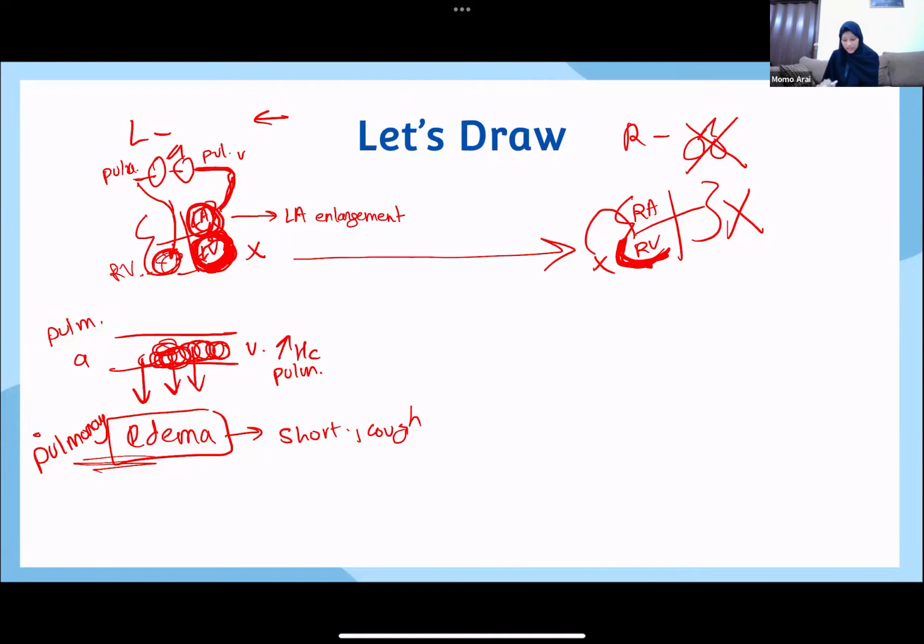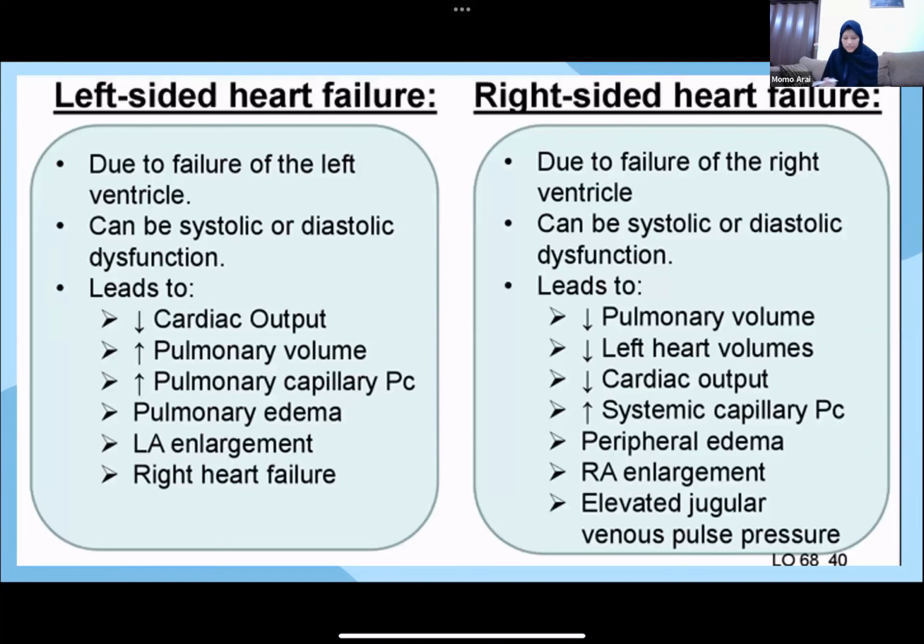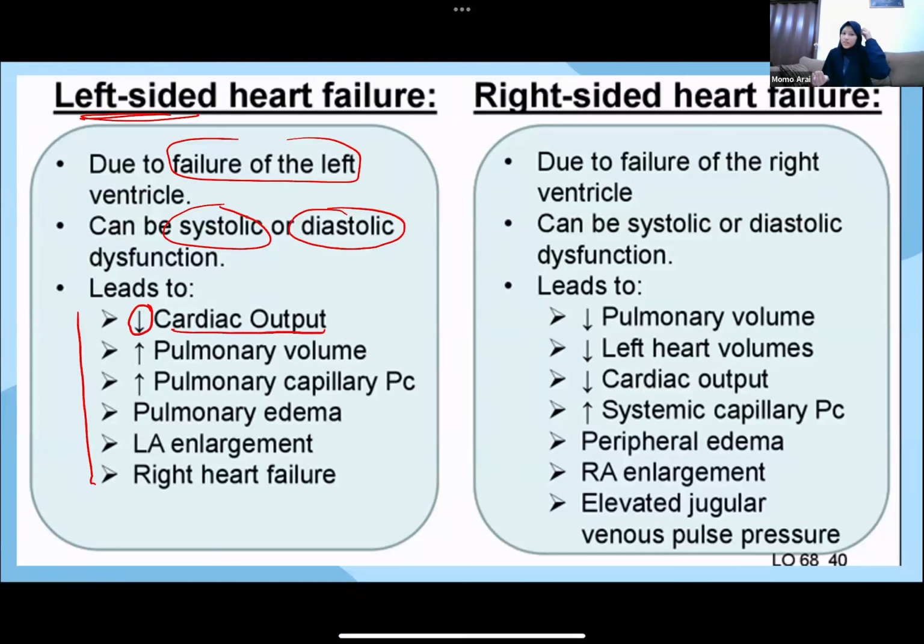Let's go back to the symptoms again and see if you can follow here. Left-sided heart failure, due to failure of the left ventricle, can be systolic or diastolic. We'll come to this later, it's another classification. Okay, these are the symptoms that are important. With left-sided heart failure, the heart is not pumping very well, so you have less cardiac output. That's correct, because your heart is not pumping, so your cardiac output is less.